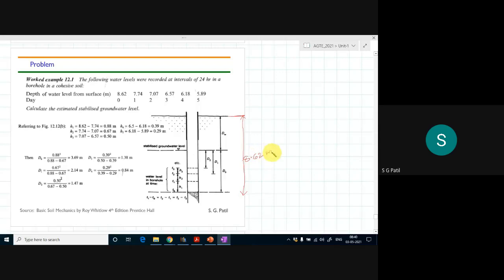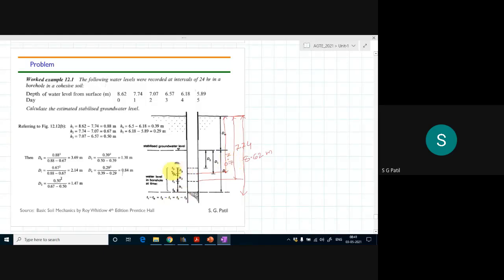On the second day, what is the depth I got? 7.74 meter. On the third day, 7.07 meter.